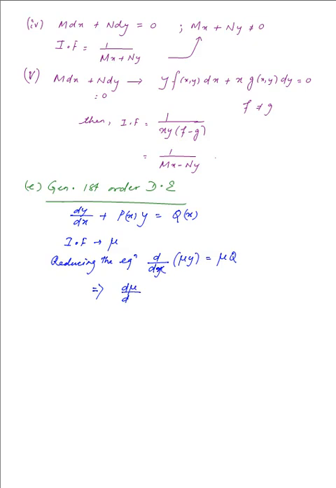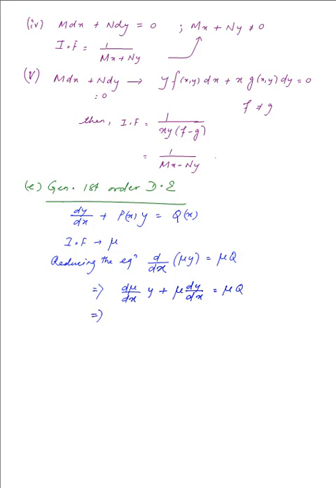Let me rectify that. Okay, so this is d mu by dx multiplied to y, plus mu being constant, dy by dx is equal to mu q.